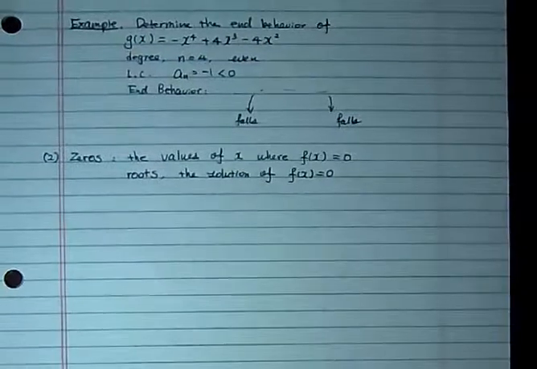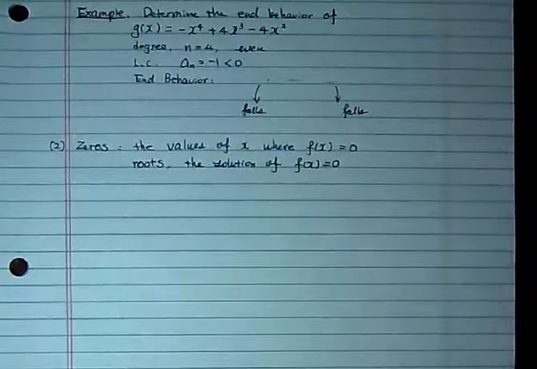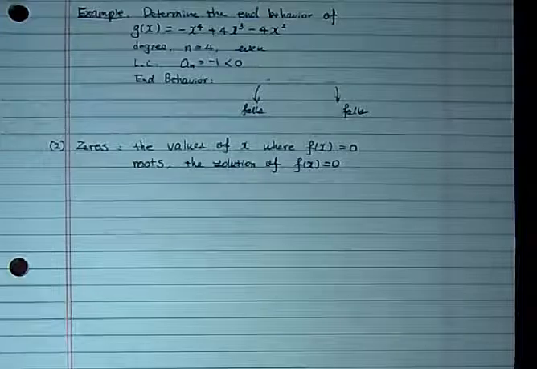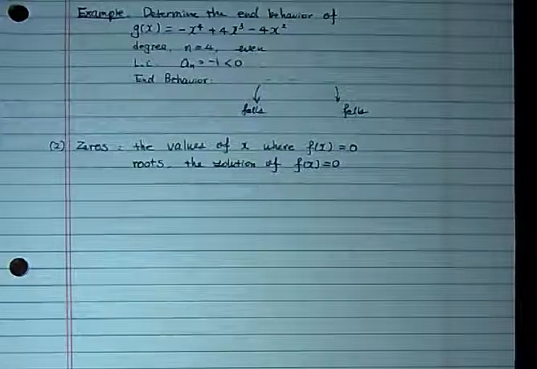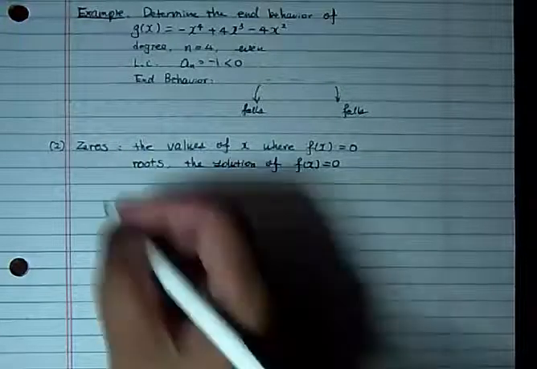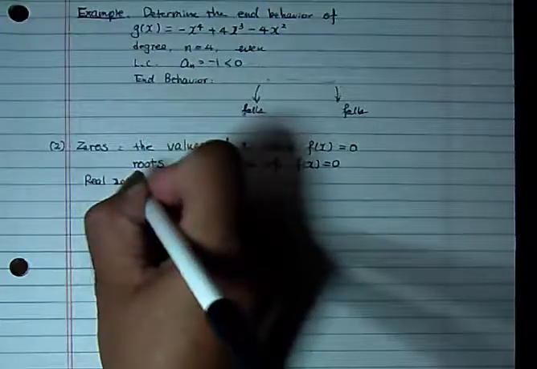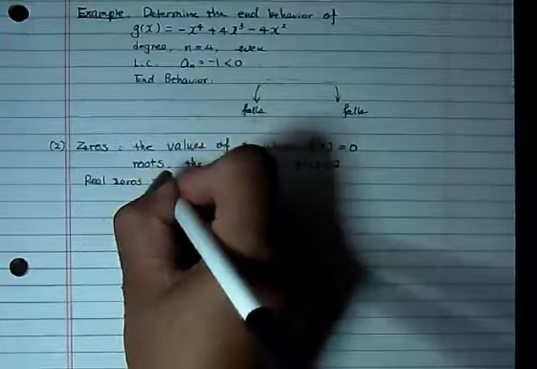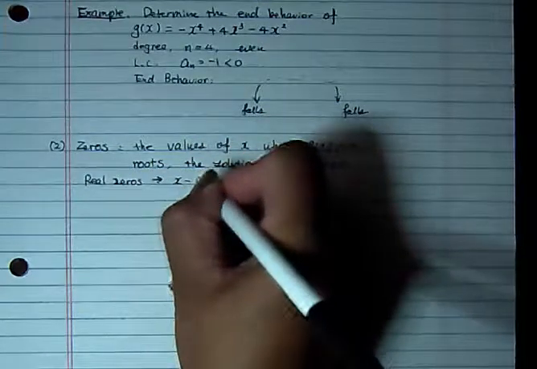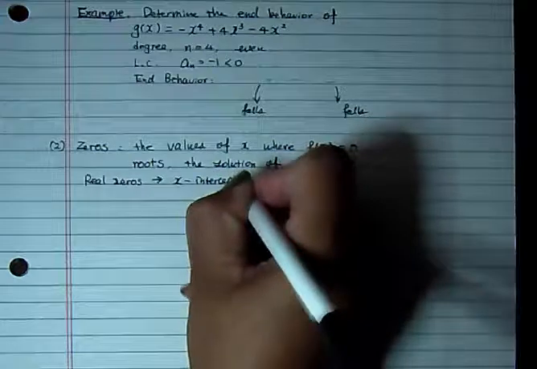So what's the x-intercept? How is the x-intercept related to that? Recall that on the xy plane, all the values are real numbers. Therefore, when you have a real zero, which is a zero of real numbers, they are the x-intercepts.